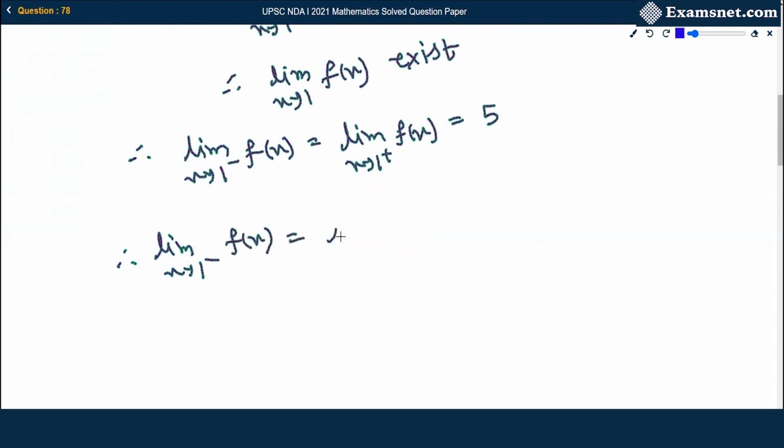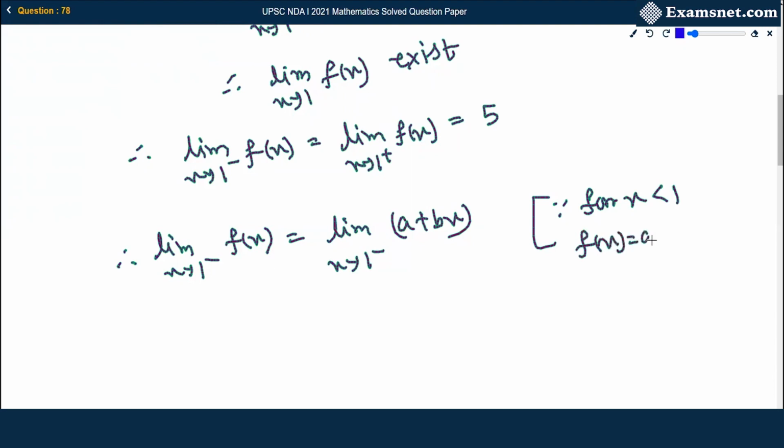Now we will take the function as a plus bx, since for x less than 1, f of x is given as a plus bx. So let's do the sum: a plus b. Let's name it equation number 1.